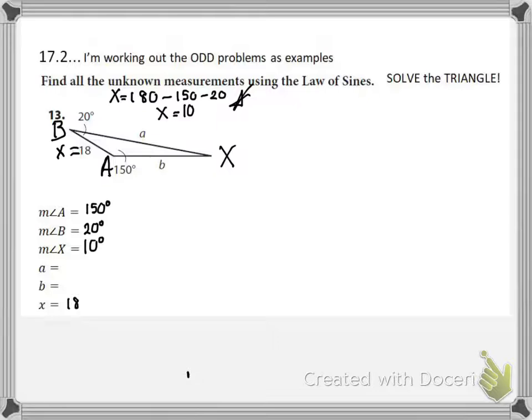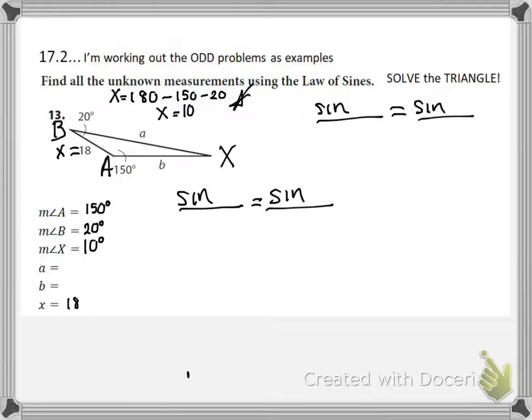Then I need to try to set up law of sines proportions in order to find my two missing sides. That will be sine of something, each of them with a side opposite underneath. Sine of something, sine of something.